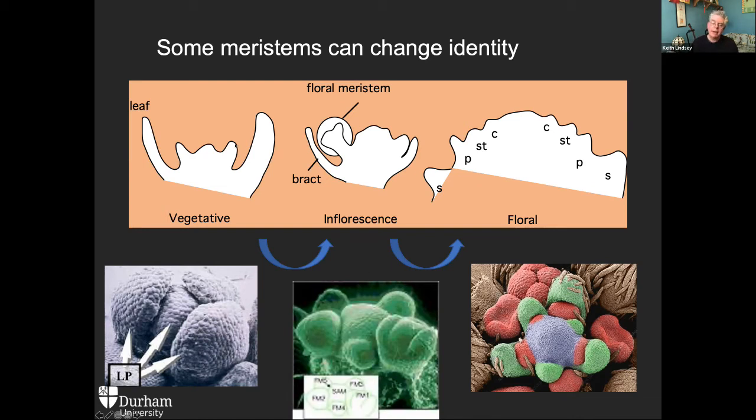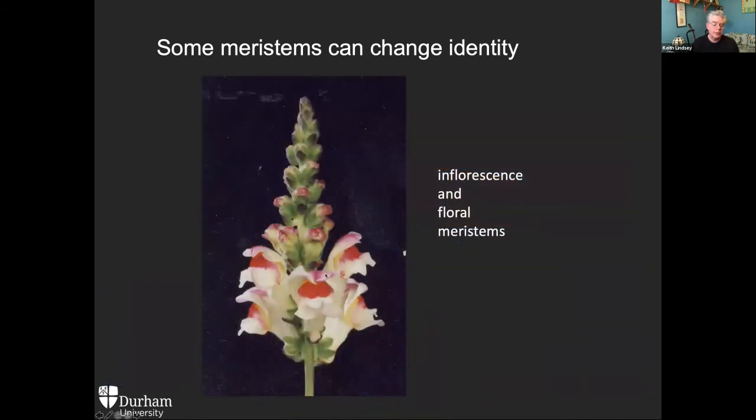So the meristem identity is changing in the sense that it is producing different structures off the side. And this is an example of an Antirrhinum snapdragon, where you can see that you've got the youngest meristem at the top. It's producing these floral meristems, and then these floral meristems are producing the different floral organs in the mature flowers.